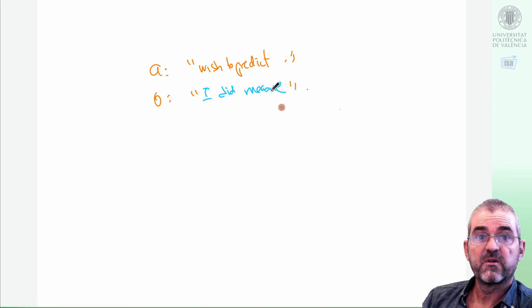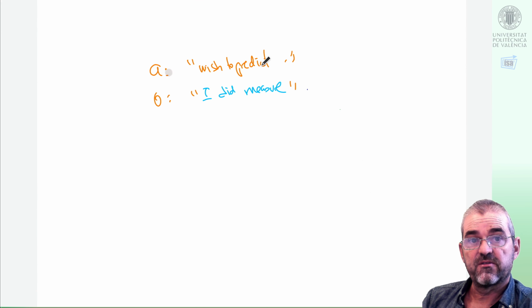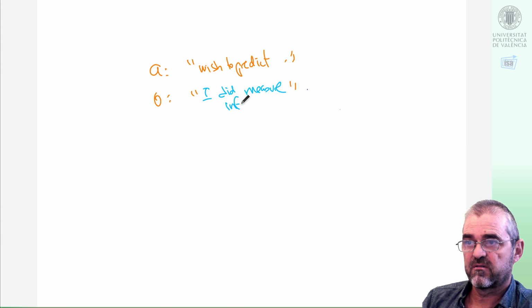In this theoretical review, we will understand as A the variable I wish to predict, and B the variable I did measure, the information.